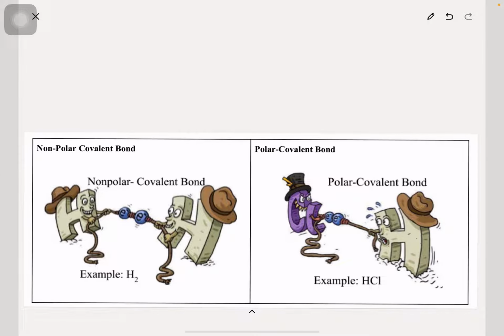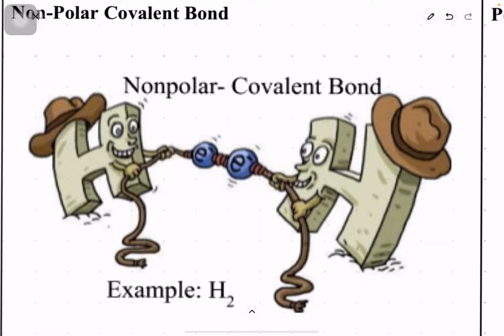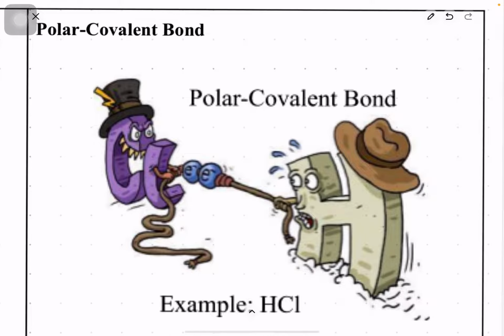Let's take a look at H2 first. If we take a look at this picture, we can see that the electrons are right in between the two hydrogens. They're sharing them nice and equally. They're happy. There's no difference in electronegativity. Now let's go over to HCl. That is the one that we determined was a polar covalent bond.